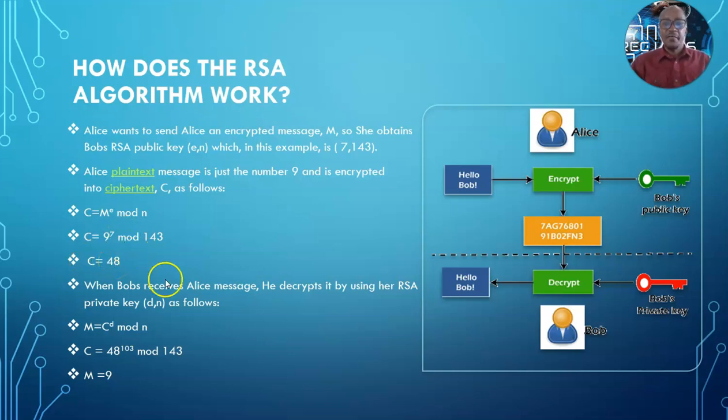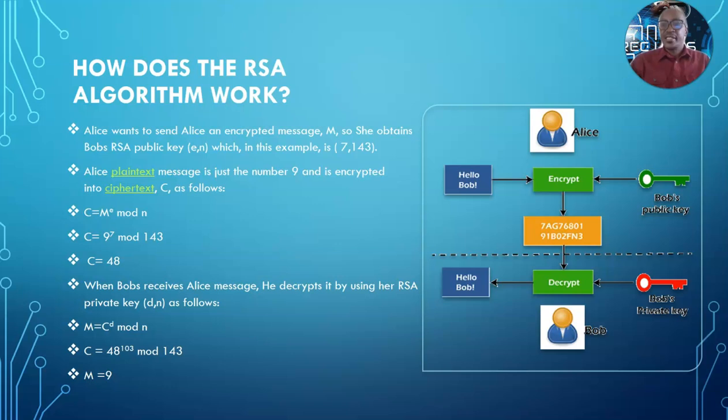So when Bob receives this message, which is a ciphertext, Bob will raise it to the power of the decryption key, which is regenerated as 103, mod N, and Bob will be able to generate the same message, which is 9. So in our example here, we are simulating that our message is 9. You can try that and see that if you raise that value to the power of 7, mod 143, you get a ciphertext of 48.